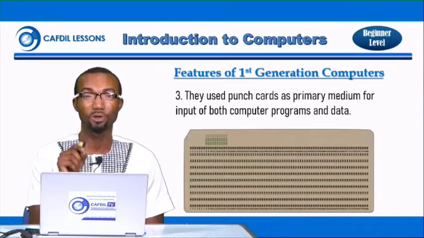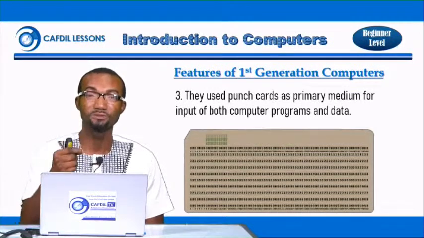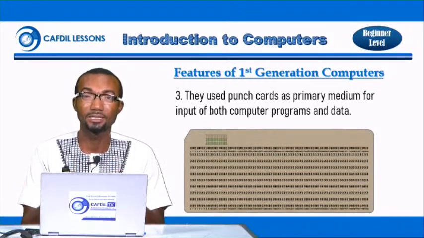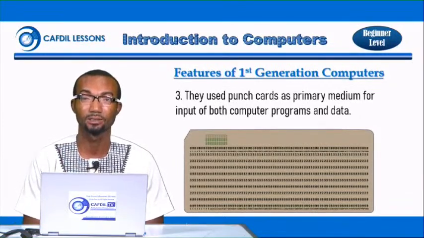So the position of the hole in the card will give you the kind of data that card contains. And we normally put this card in a punch card reader to read the data on it.